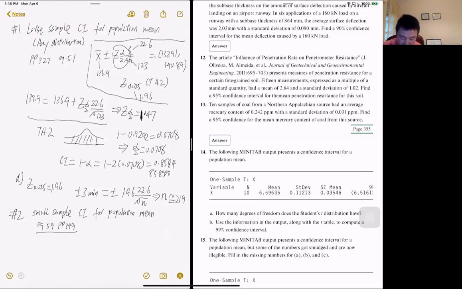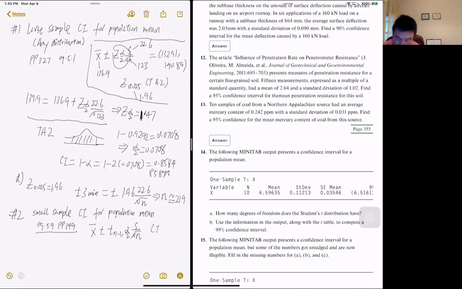So the equation is here. The confidence interval is the sample mean plus minus a t-value. Because this is a small sample, we're going to use Student's t distribution, so we use the t-value. For the t-value, we have degree of freedom, which is n-1, and half alpha.